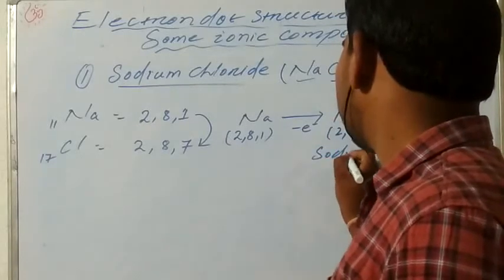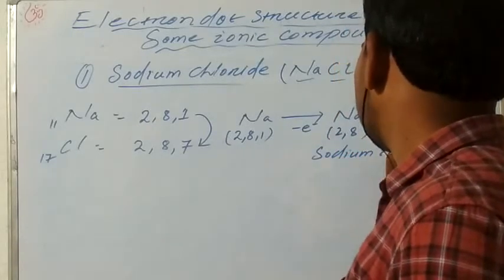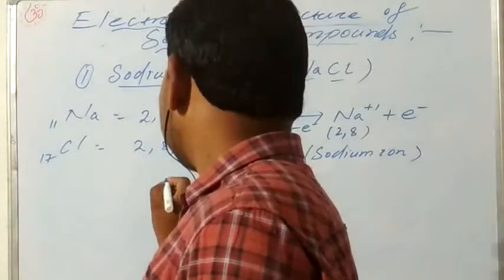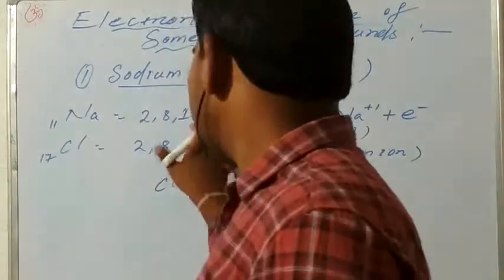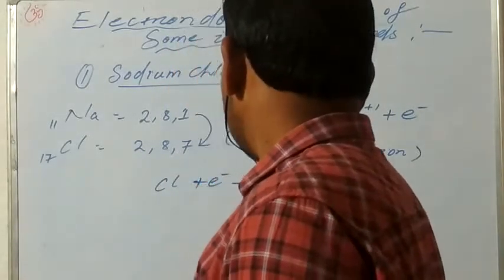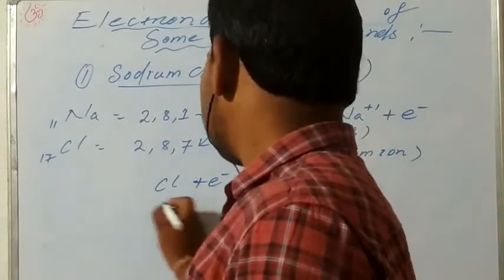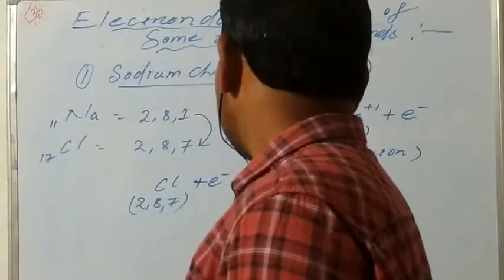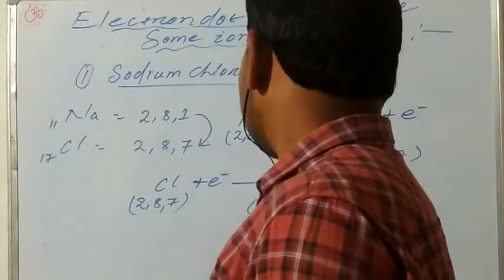This is the sodium ion. And chlorine has gained one electron and forms Cl minus, the chloride ion. See, chlorine 2, 8, 7 and this one 2, 8, 8. Chloride ion.